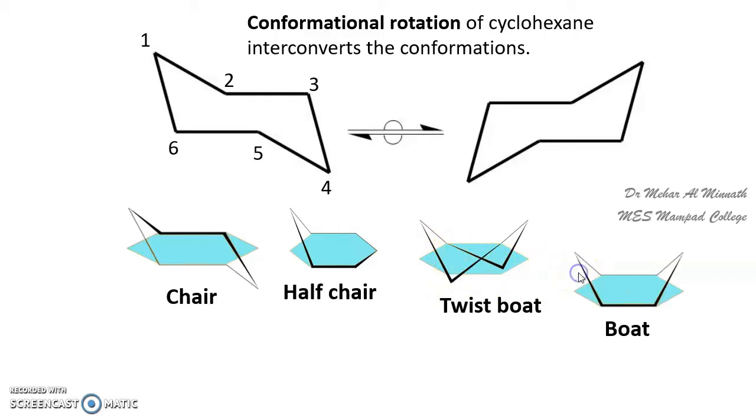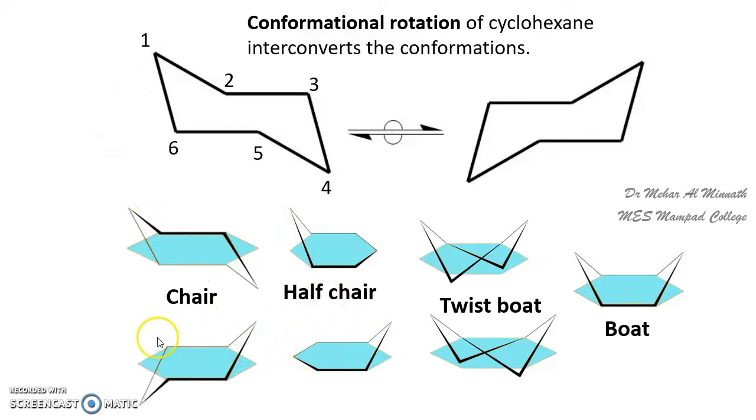What happens next is you get a boat conformation, then twist boat again, then half chair. In the second half chair, carbon 4 is above the plane and carbon 1 has gone into the plane. And in the next chair conformation, carbon 1 has gone below the plane.